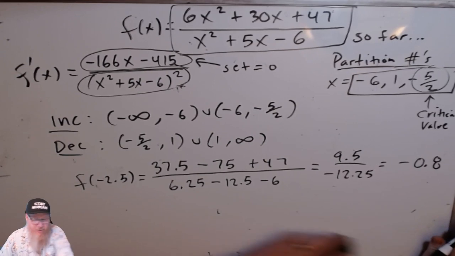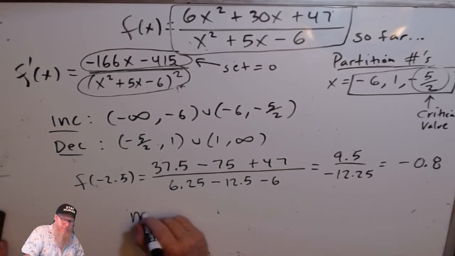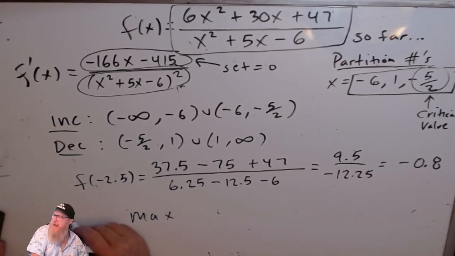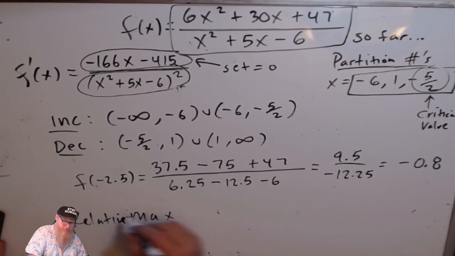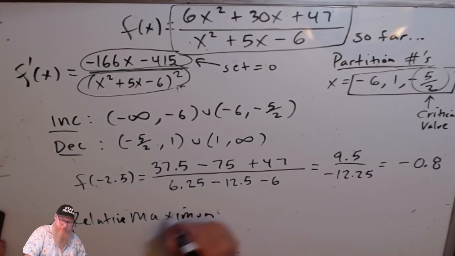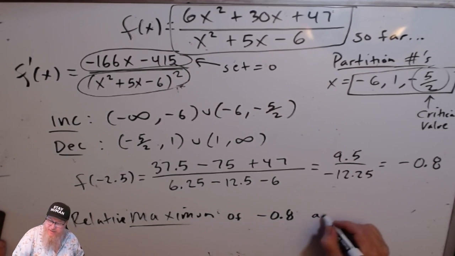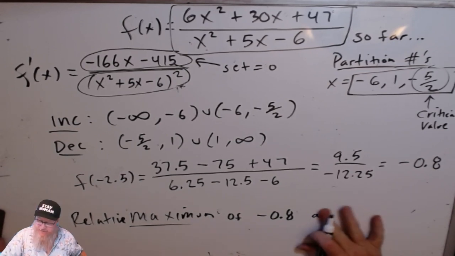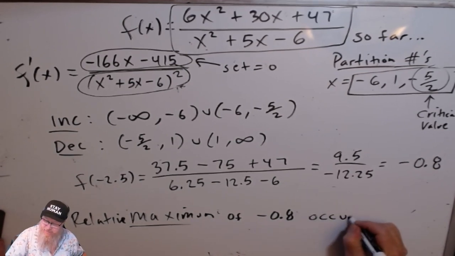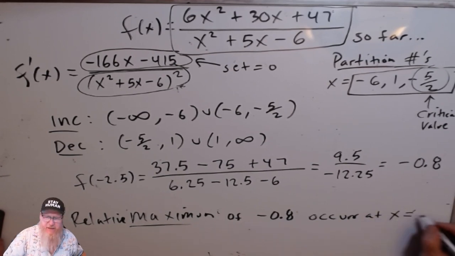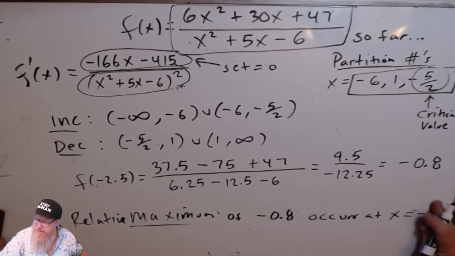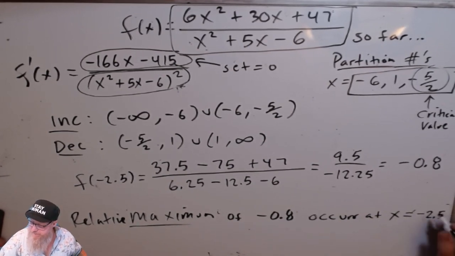All right, so I have a max, a relative max, or a local max, of -0.8 occurring at x equals -2.5.